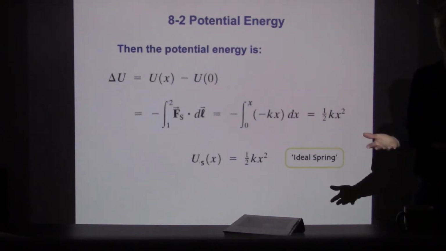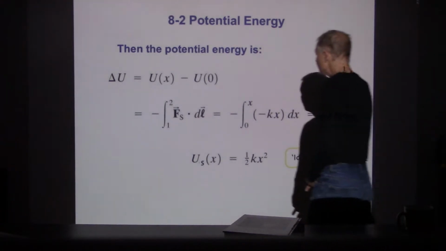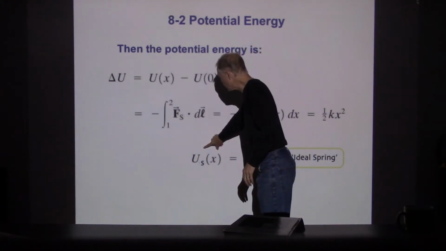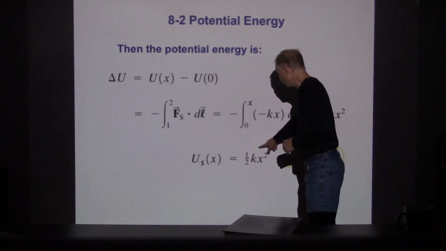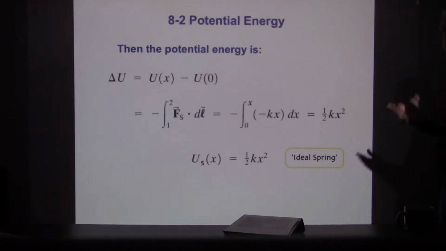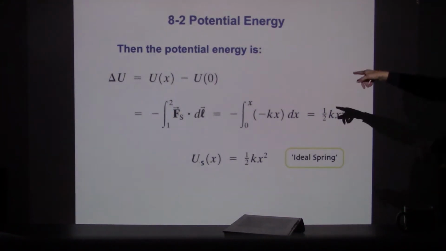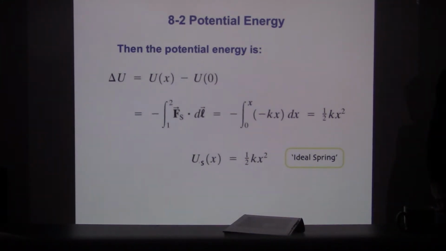And then we said when that energy transfer takes place, the spring ends up with a potential energy. So we can just use the same formula derived from chapter 7 and say that the potential energy stored in an ideal spring comes from integrating the force here, but it works out to be 1/2 kx squared.